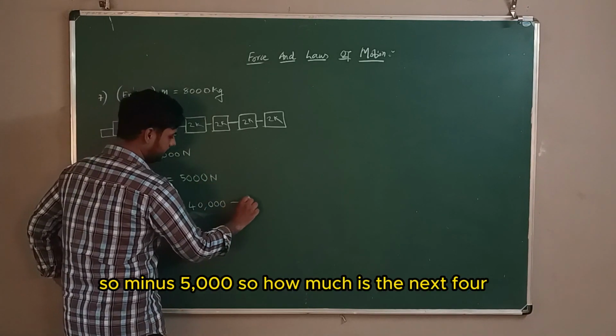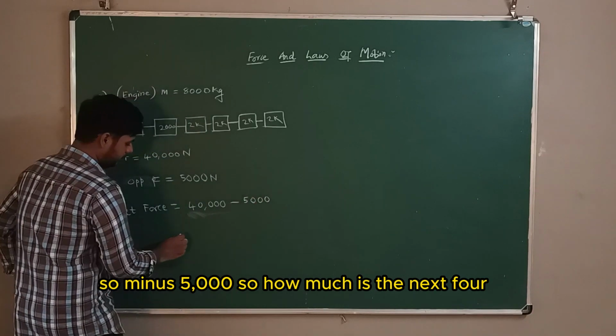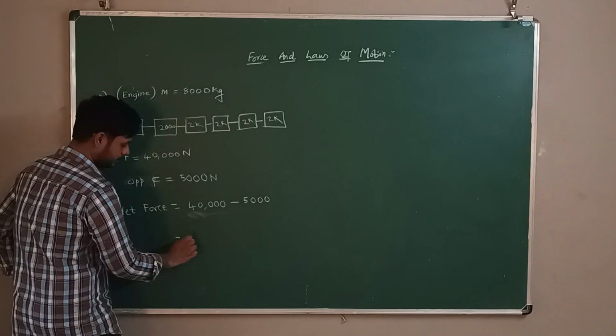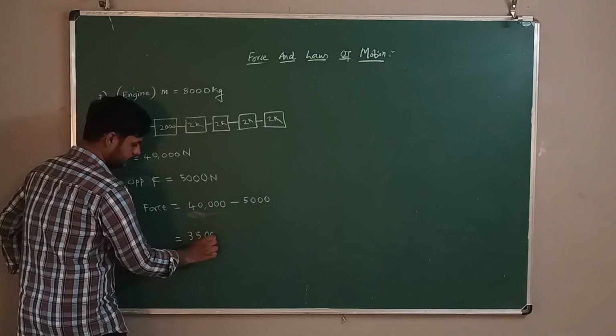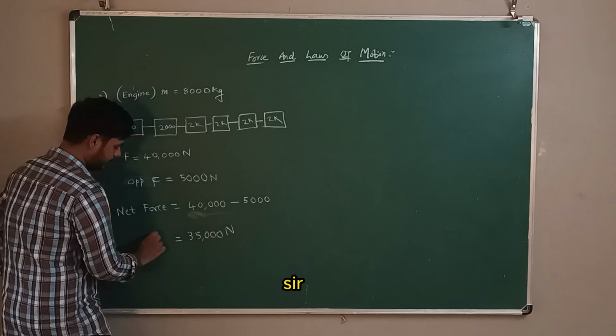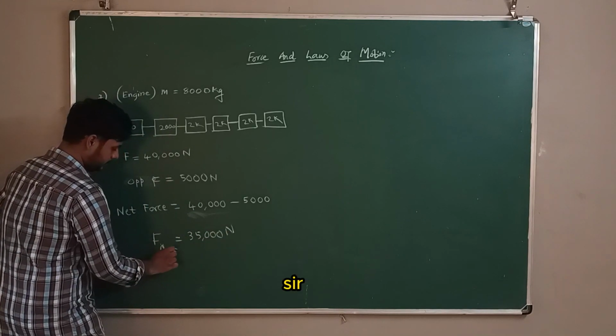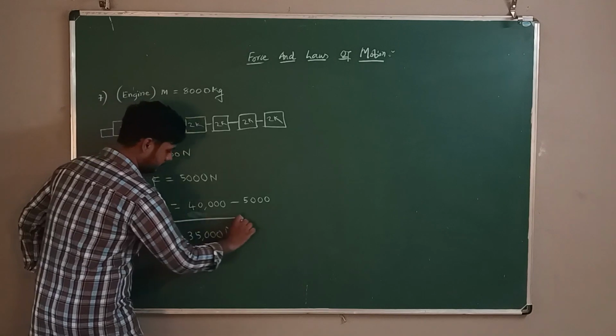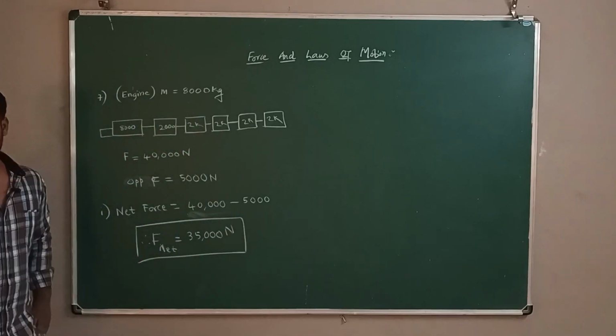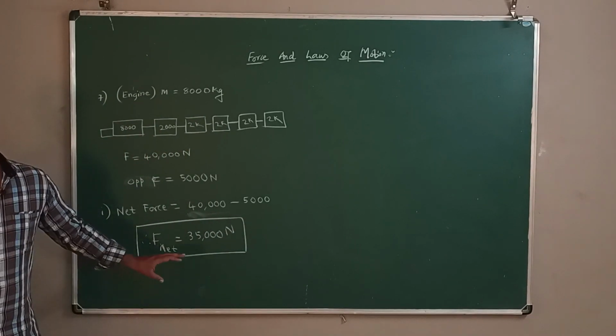So minus 5,000. So how much is the net force? This is our F net.